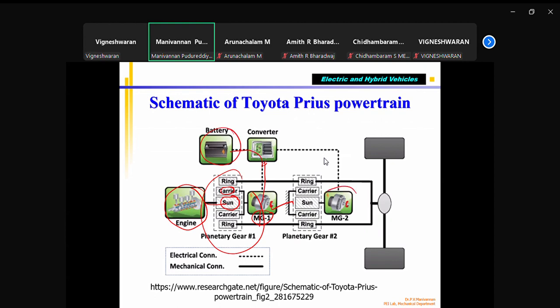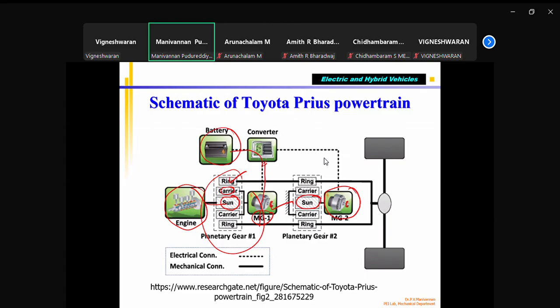Then you have the second electric motor. This motor's prime job is to drive the wheels. But please note that this is connected to the sun gear. The motor is connected like the engine, because it is connected to the sun gear. The carrier is connected, and the ring gear is connected to the wheel. Please see that in both, correct?